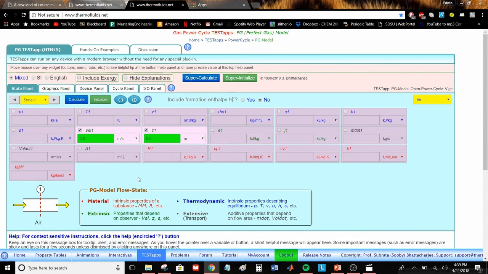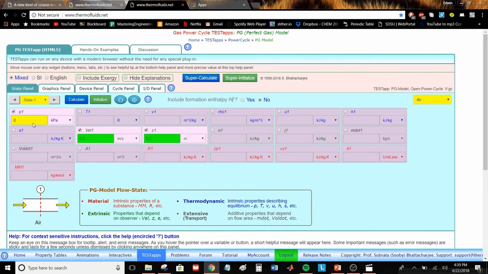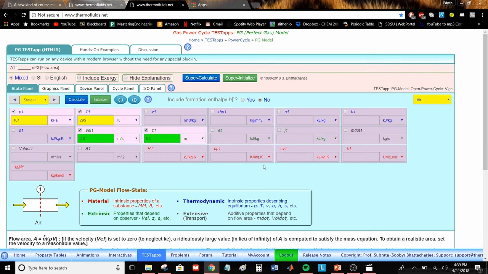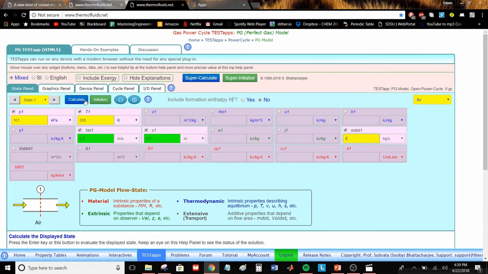Now we can solve this problem using the thermofluids.net test app. And I'd like to thank Professor Bhattacharjee for supplying this website. In the first state, it's given that it's 101 kPa, temperature is 295 Kelvin, and mass flow rate is 6 kilograms per second.